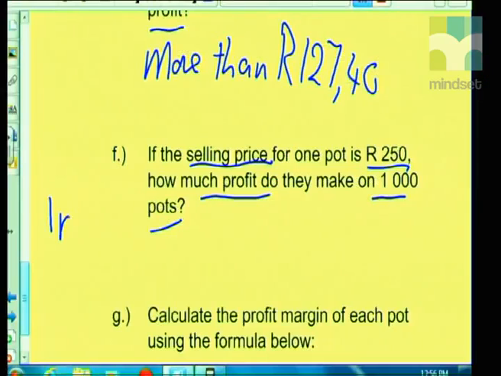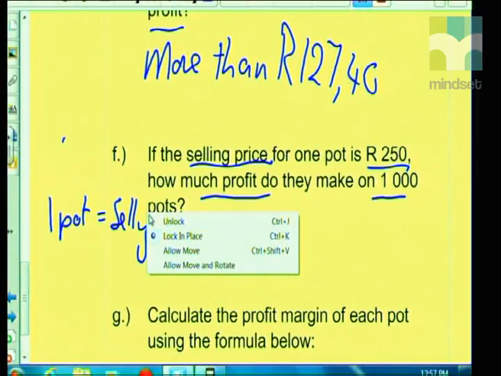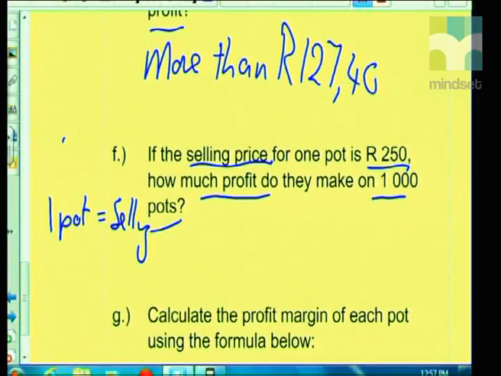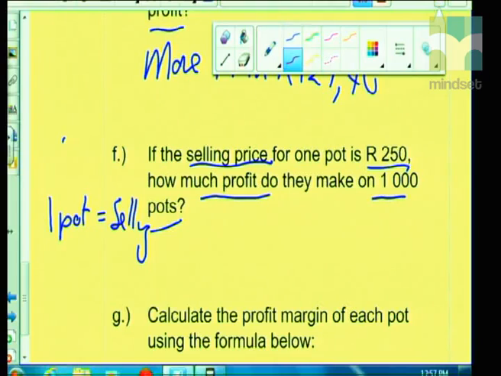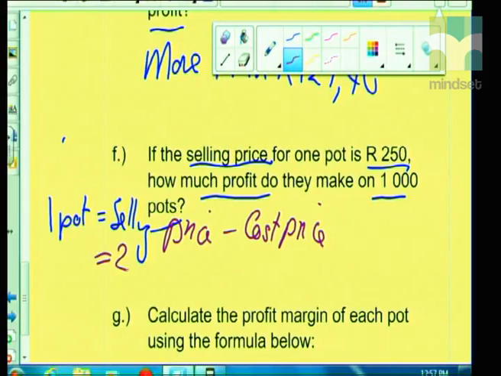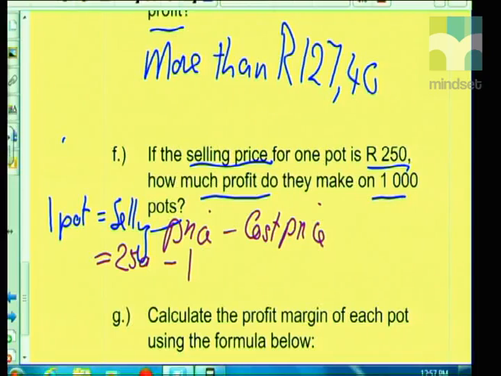So one pot, if we sell it, the selling price minus the cost price, and what are we going to say? That's 250 Rand minus 127 Rand and 40 cents. This will give me my profit on one pot.